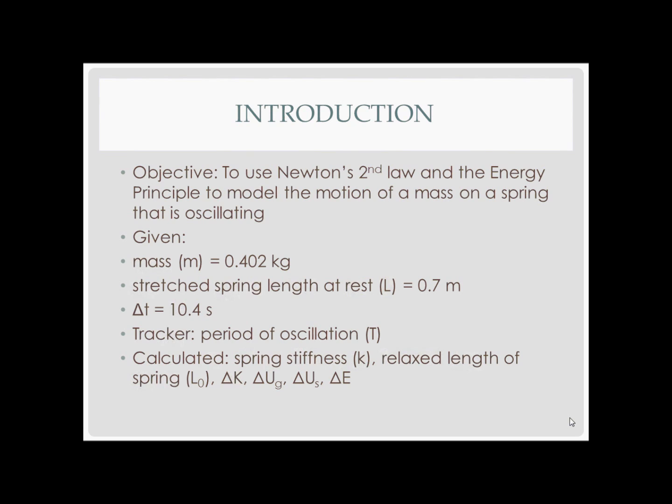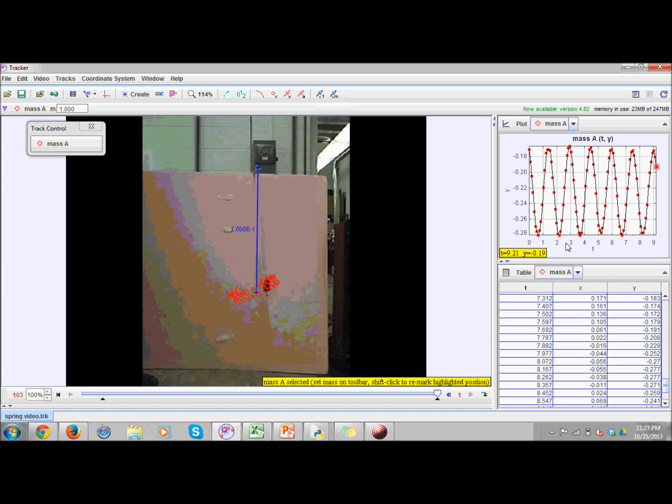I used the graph created by Tracker to estimate the time for one period of the spring's oscillation. To do this, I took the time it took for 5 periods of the oscillation and divided it by 5 to find the average.